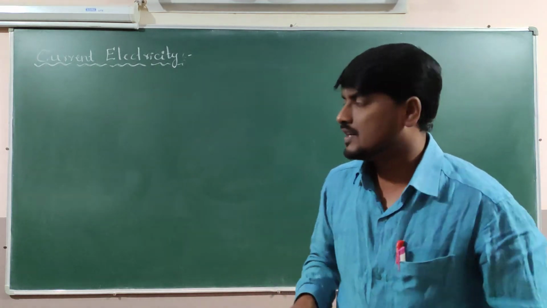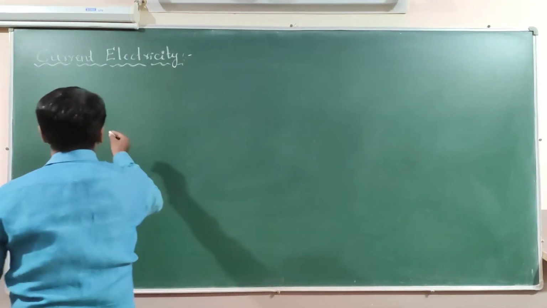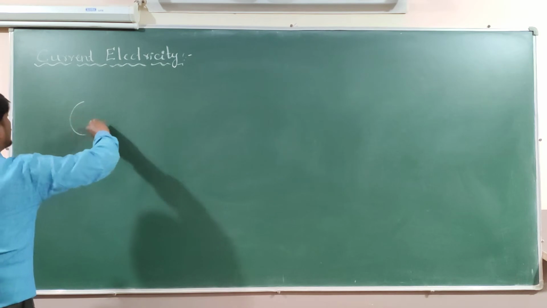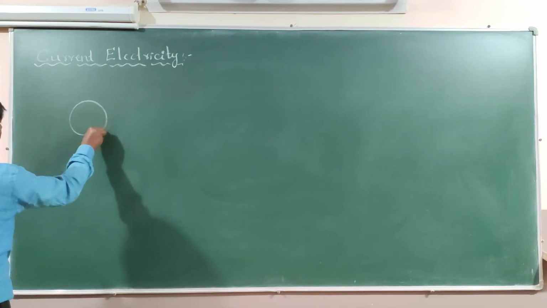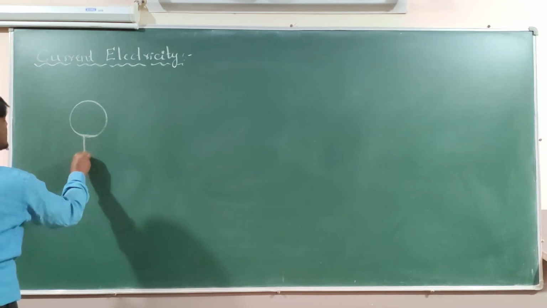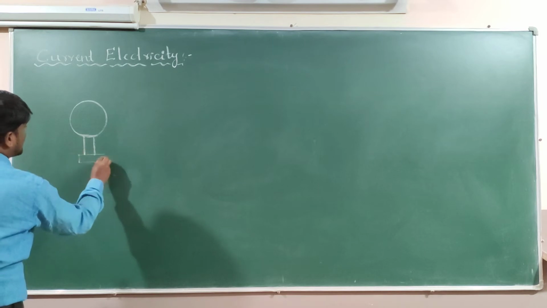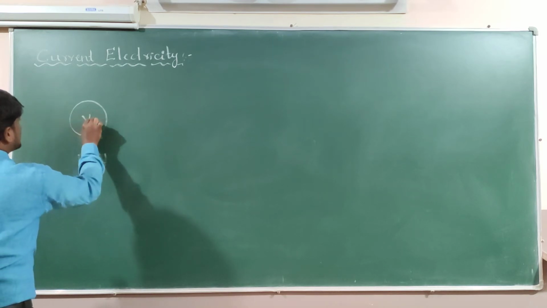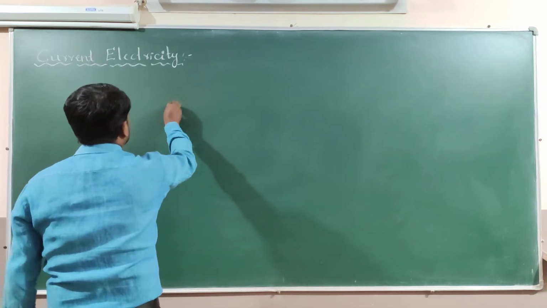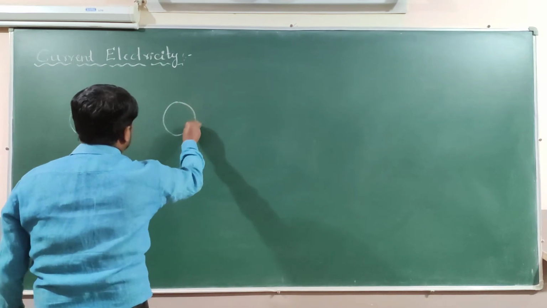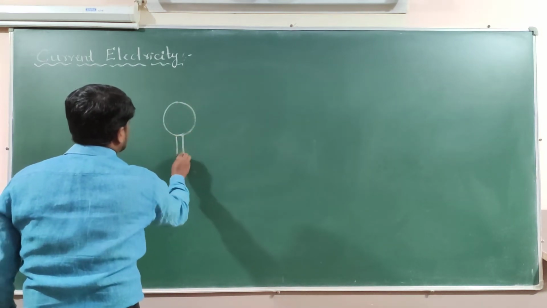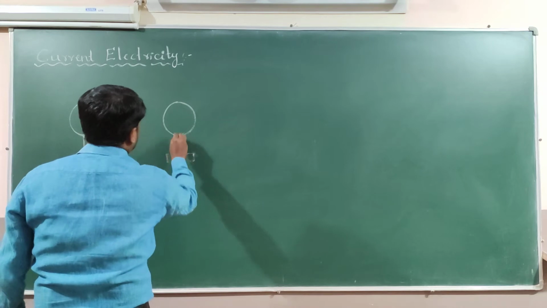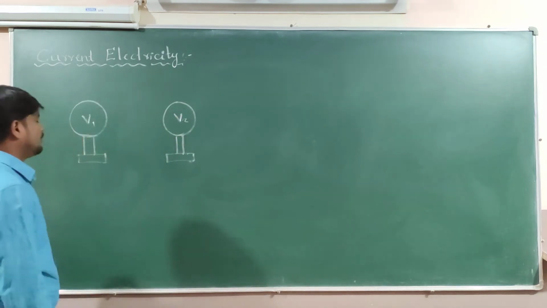Now friends, let me take 2 simple metal spheres. Once I take 2 metal spheres, they are charged to different potentials, say this one is V1. I will take another metal sphere, say this is V2. It is charged to V2.